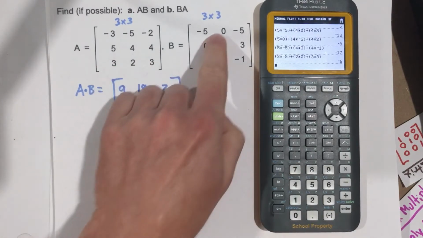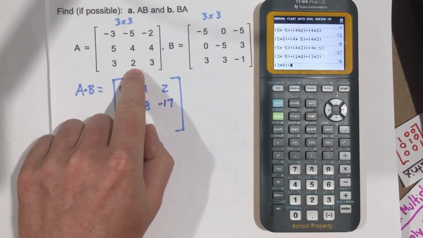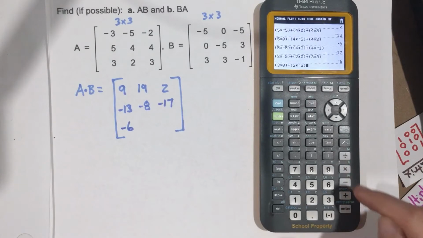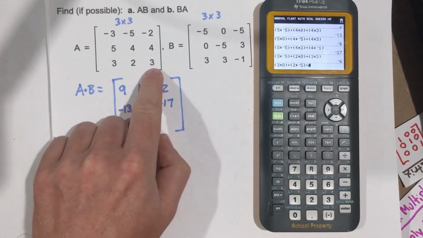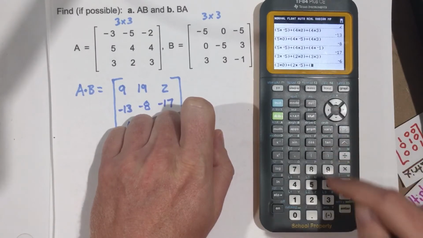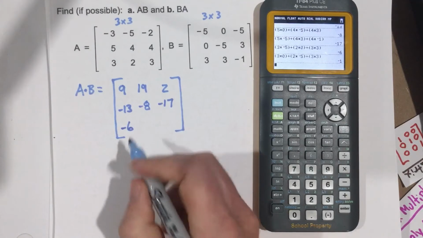Now we do 3 times 0 plus 2 times negative 5 plus 3 times 3, negative 1.